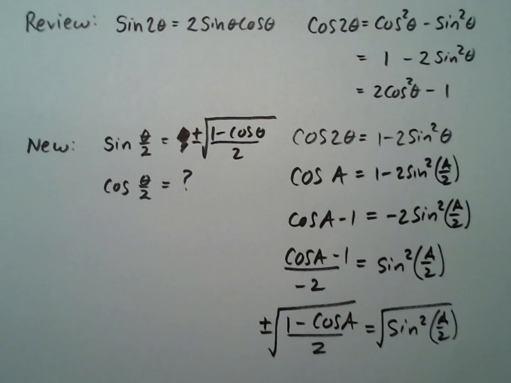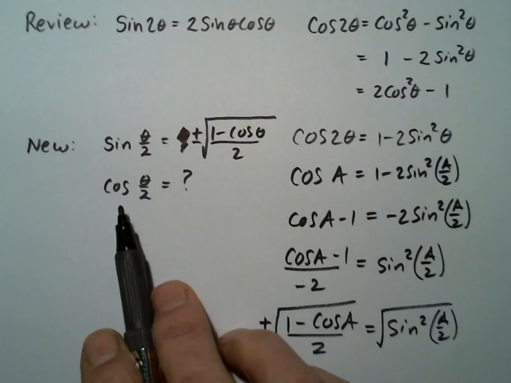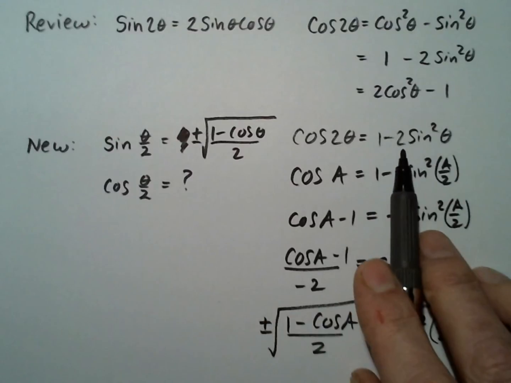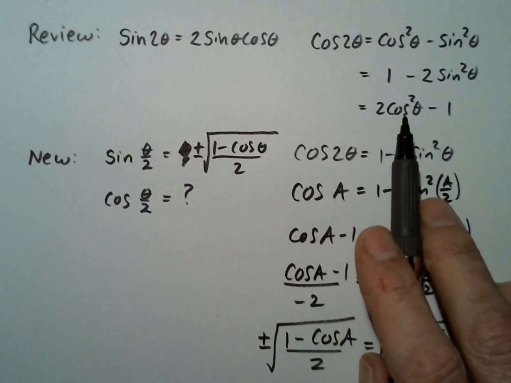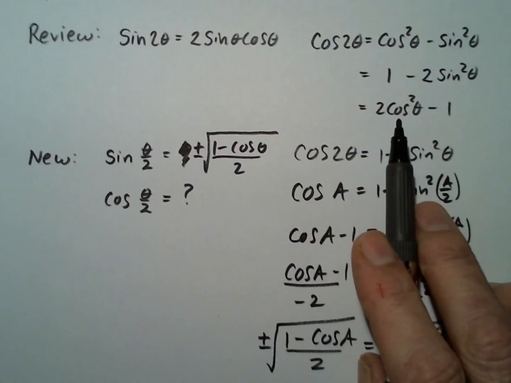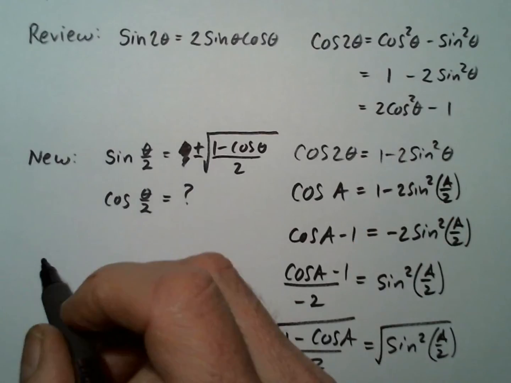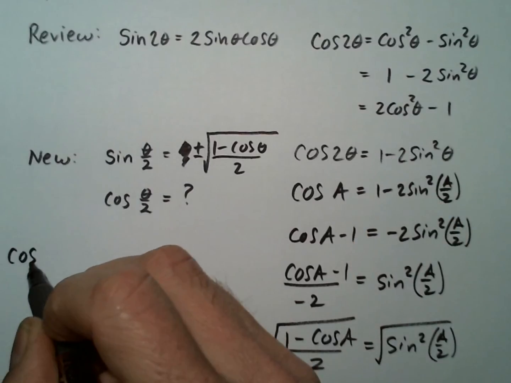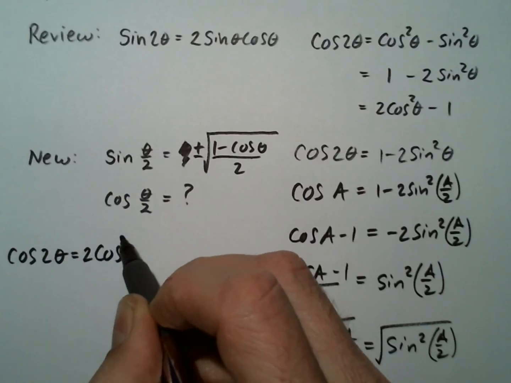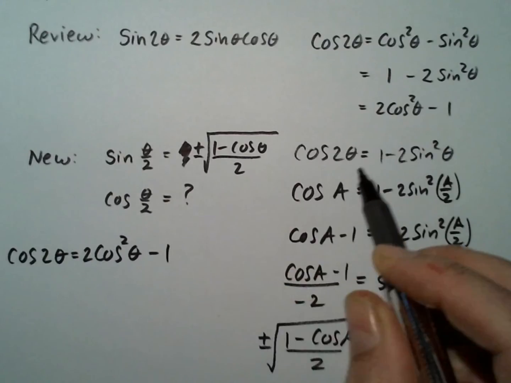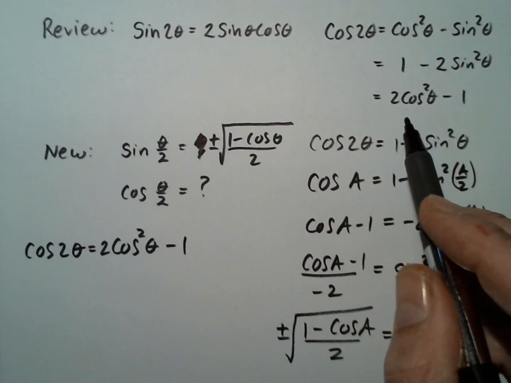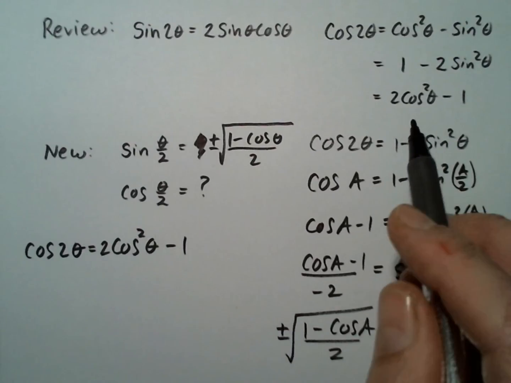And we can do the same thing to get a formula for cosine, but we won't use this formula. Let's use this version of the double angle formula. So we'll start with that cosine 2 theta. I'm just using that version of the double angle for cosine.